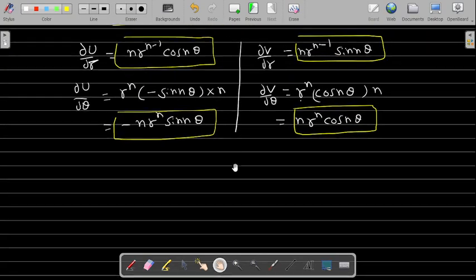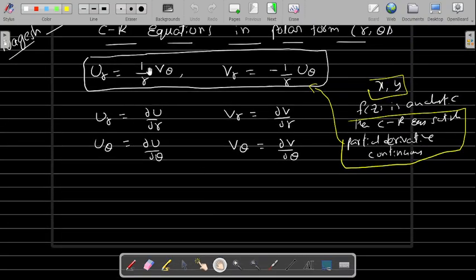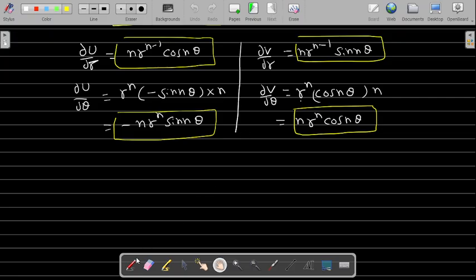So now we check whether that CR equation is satisfied or not. When you see the previous page, u_r equal to 1 by r v_theta needs to be satisfied. We will check that. So now, dou u by dou r, what is dou u by dou r? n into r power n minus 1 cos n theta.